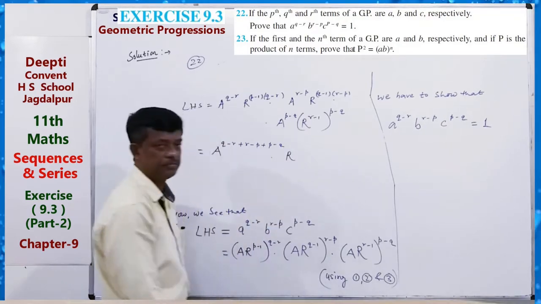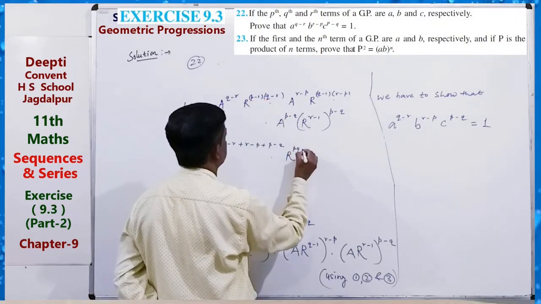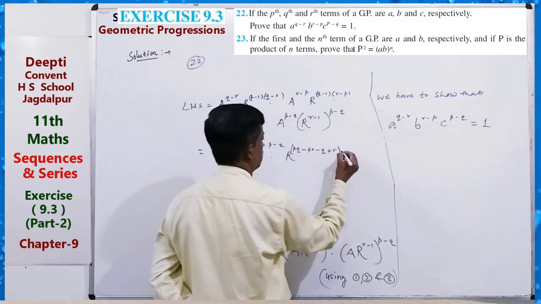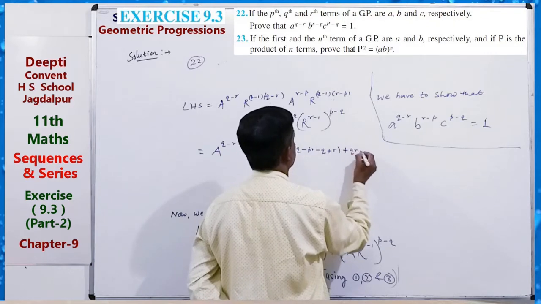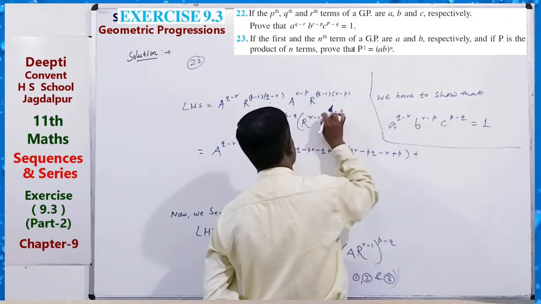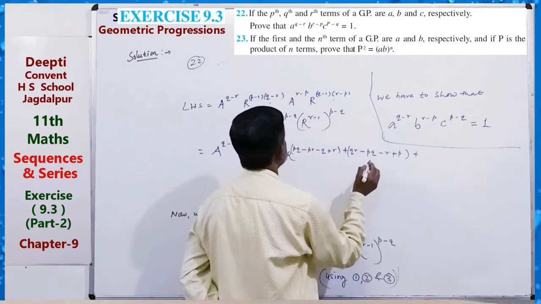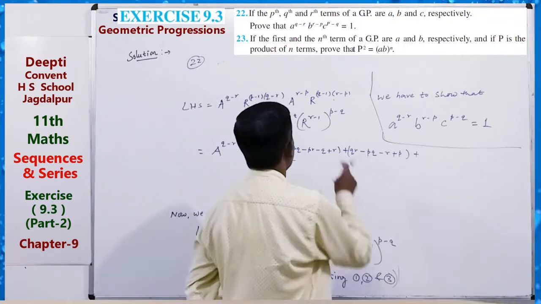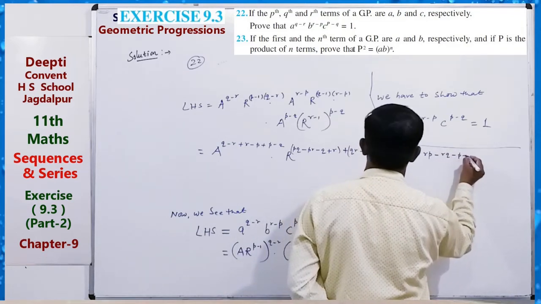The power of R after multiplying: pq minus pr minus q plus r, plus qr minus pq minus r plus p, plus rp minus rq minus p plus q.